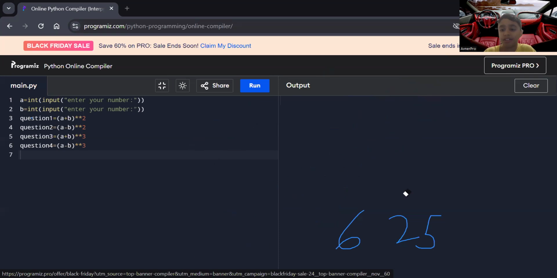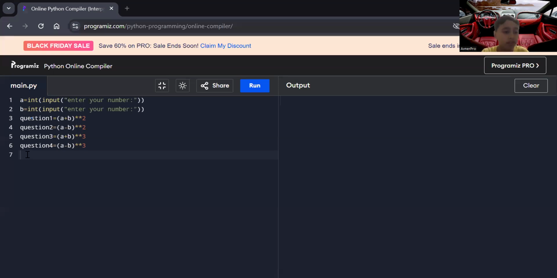Anyways, it was 9,025. What we have to do here, instead of making more lines, is just write question 1 and print this thing. We don't have to go to a new line and print question 2.